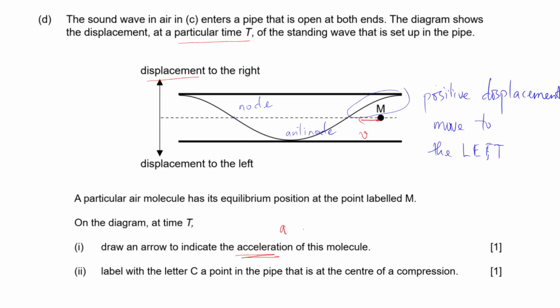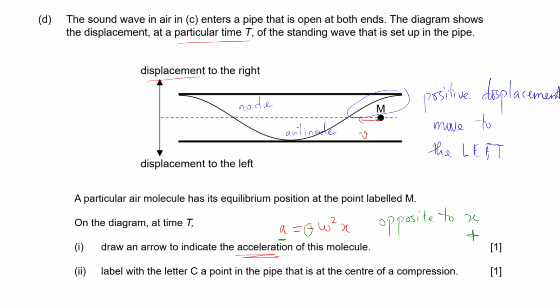Acceleration a equals minus omega squared x, and the minus sign here indicates that the acceleration is opposite to displacement.